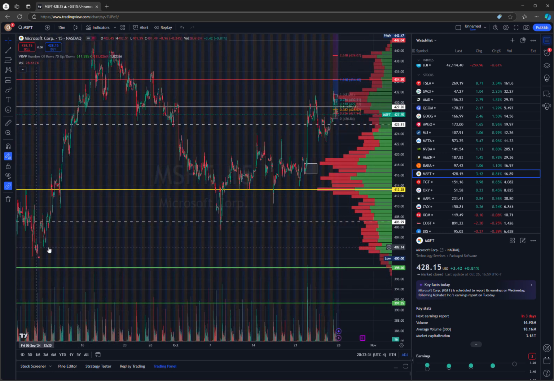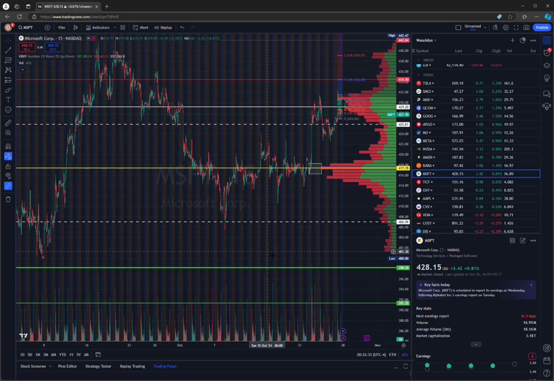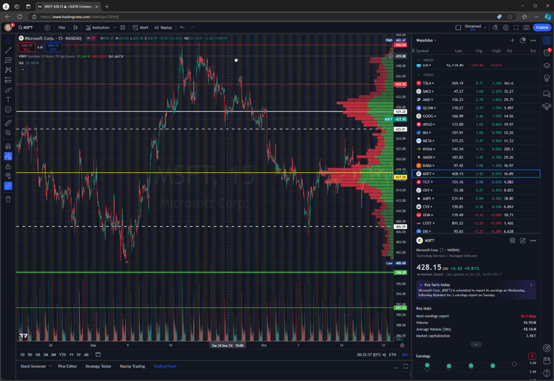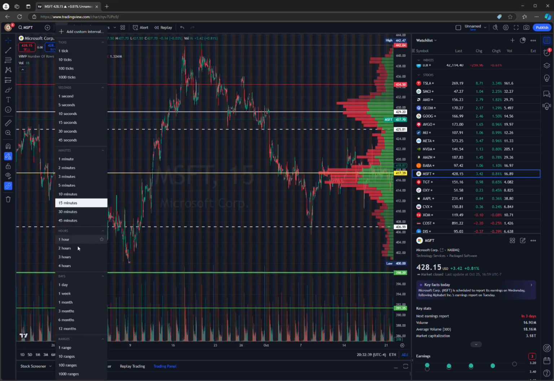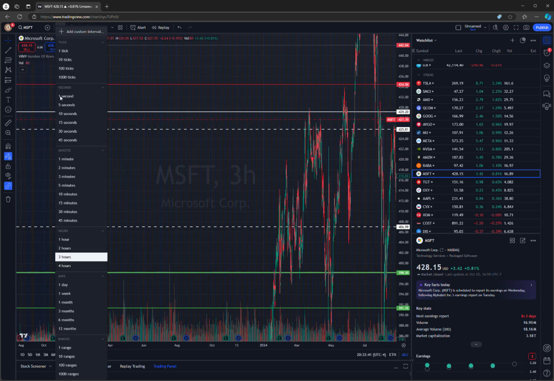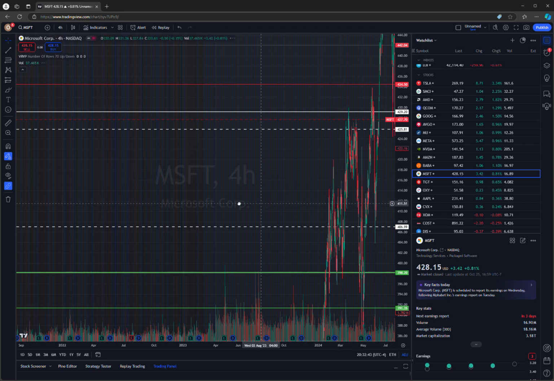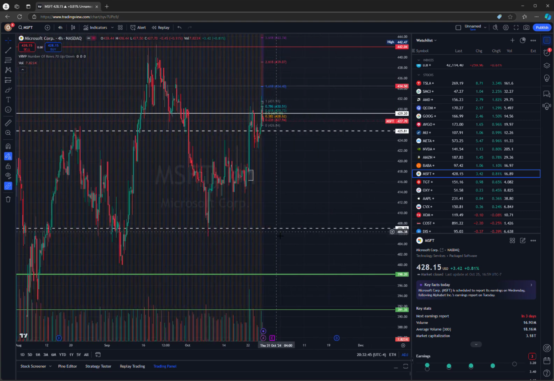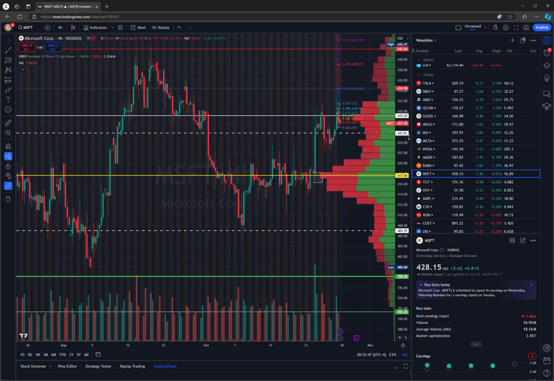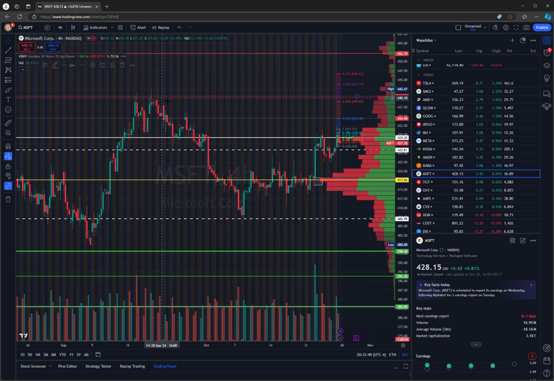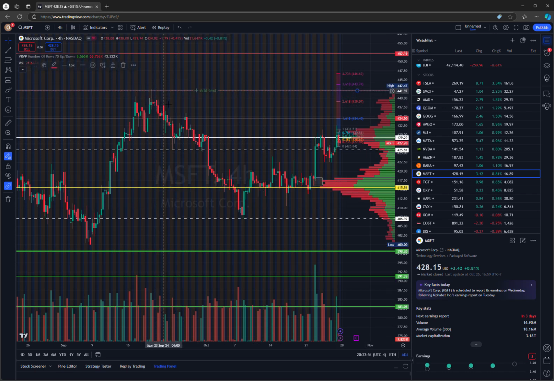I'm still waiting on this retest, I'm still waiting on this retest up here. I'm still waiting on those two to happen. Notice I haven't taken any big Microsoft plays here because I'm waiting for those zones to retouch at the extreme.